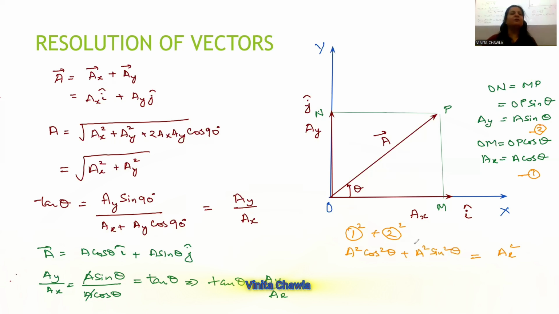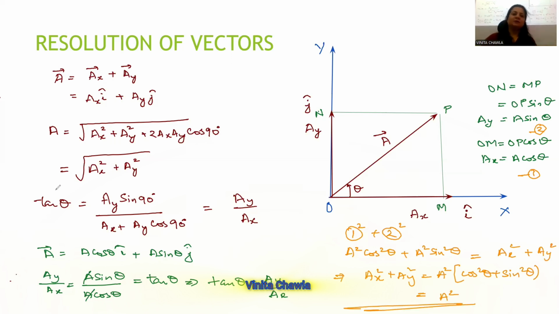We are first squaring and then adding. It's Ay square. So we can write Ax square plus Ay square is equal to, take A square common outside, in the bracket we'll have cos square theta plus sin square theta, it is 1. ऐसे भी derive कर सकते हैं, ठीक है?